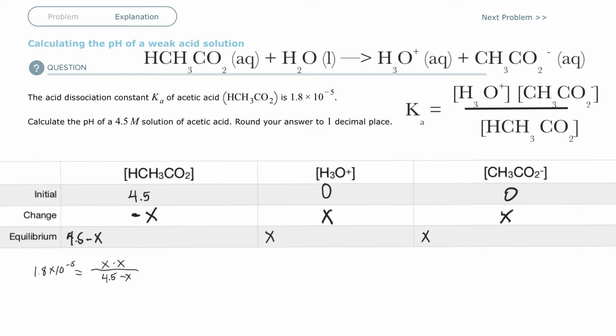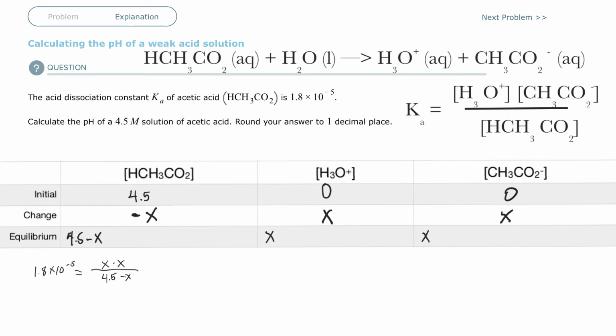All right, already I'm terrified. This looks like algebra 2, which I hate, because if I were to put 4.5 minus X on the other side and then have X squared on one side and X on the other side, the only way that I could do this is the quadratic formula, which everybody's terrified of. So let me just ask myself a question first. This is a weak acid.